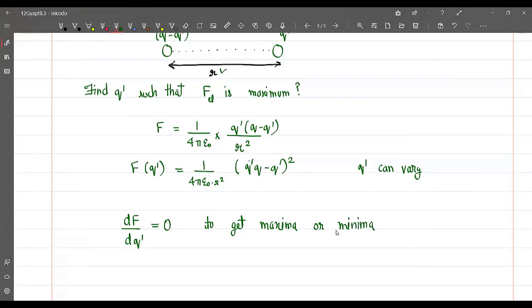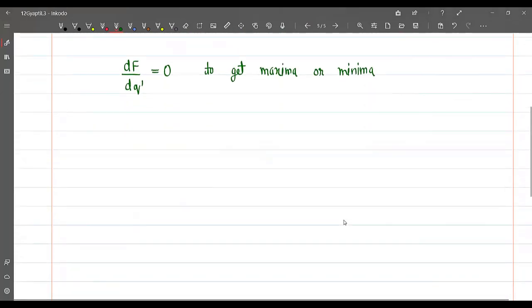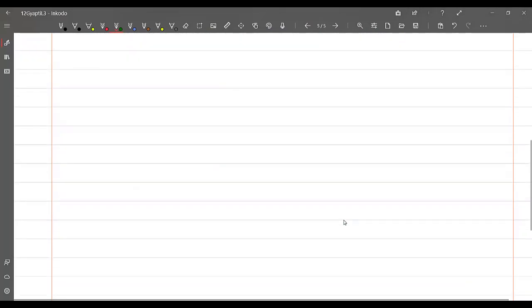Have you heard about this concept? No, sir. Okay. Yes, sir. Okay, you have heard about it. So I'll give a small introduction to this because it is very crucial in other parts of physics also.